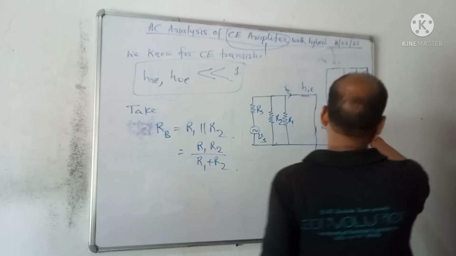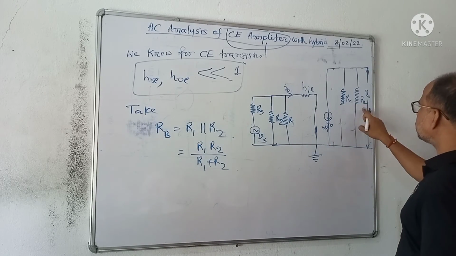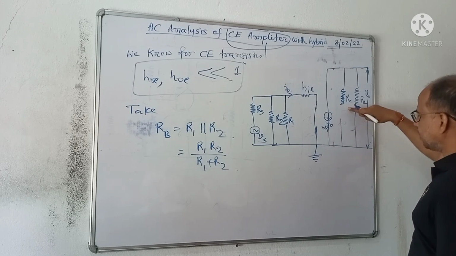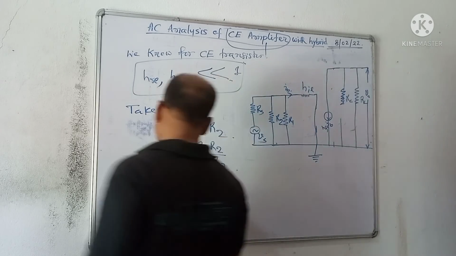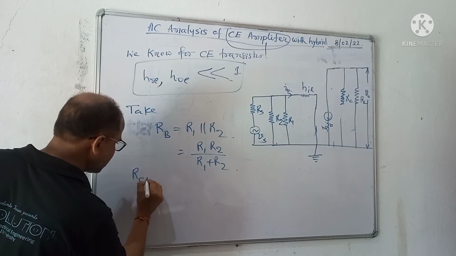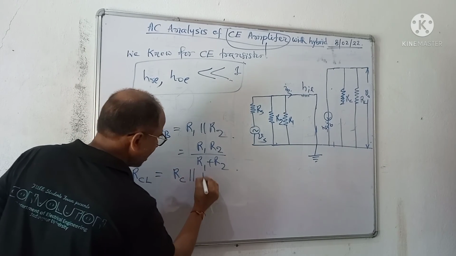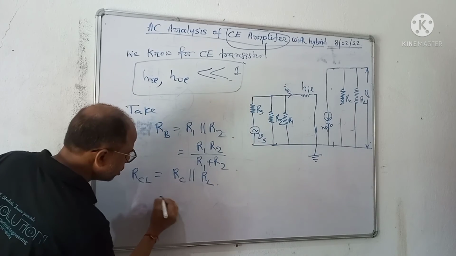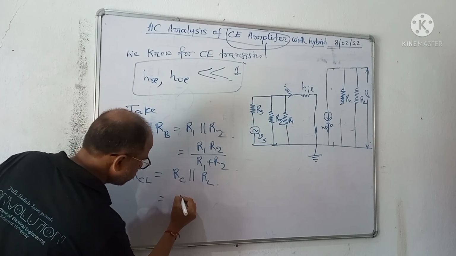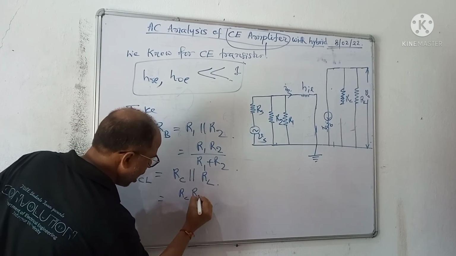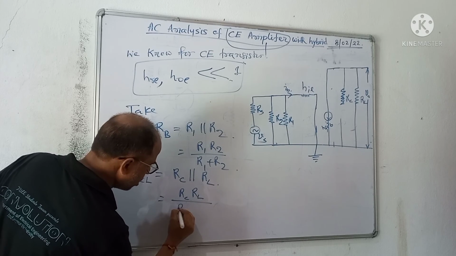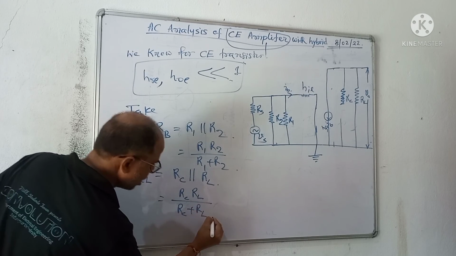Again, RL and RC are parallel. Therefore, take RCL equal to RC parallel RL, which is RC into RL by RC plus RL.